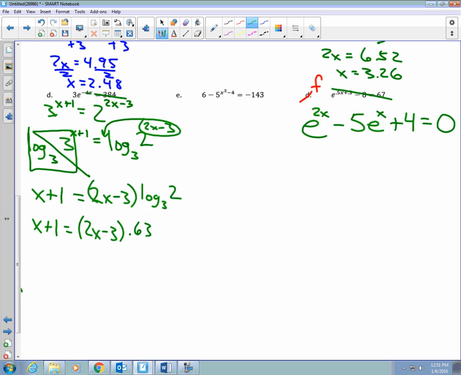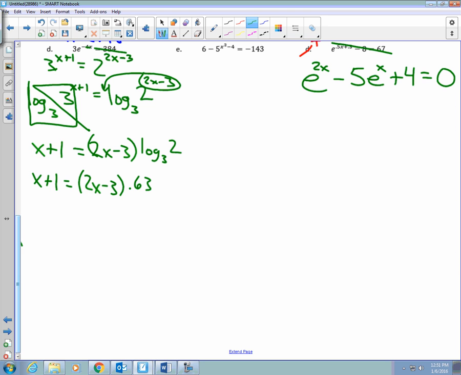0.63. I distribute. x plus 1 is equal to 1.26x minus 1.89.